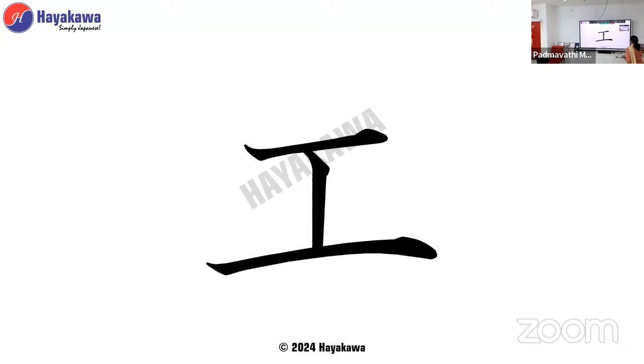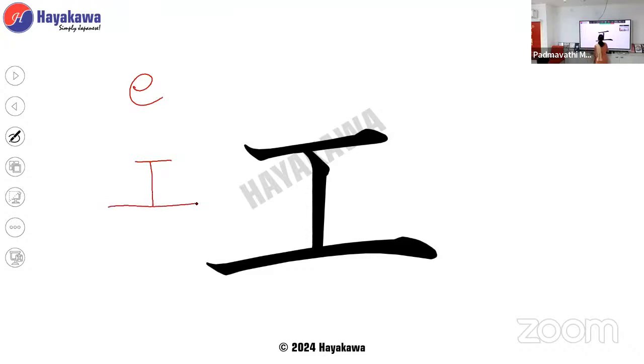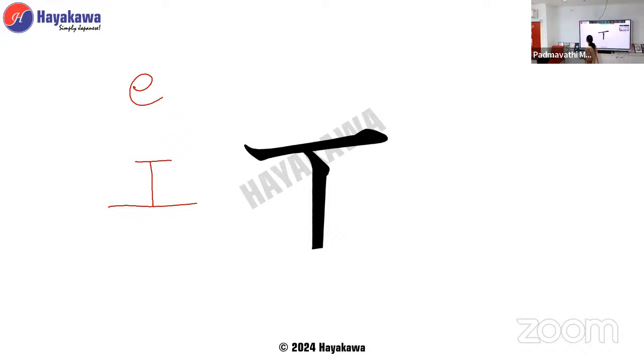Next is E. Like I, but the horizontal line at the bottom is longer. E. 1, 2, and 3.